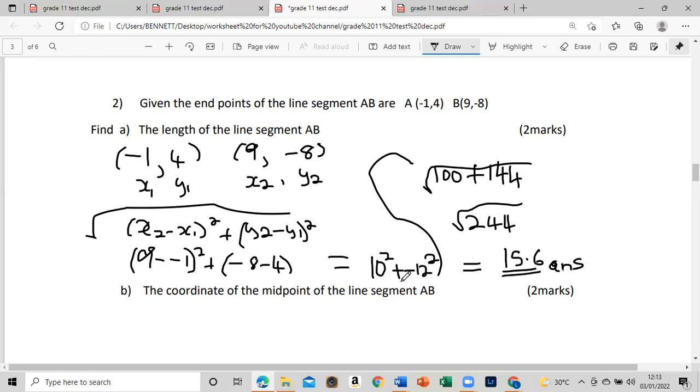Alright, now the coordinate of the midpoint of the line. The midpoint is halfway between x1 and x2. It is the point where we cut the line into exactly two equal parts.